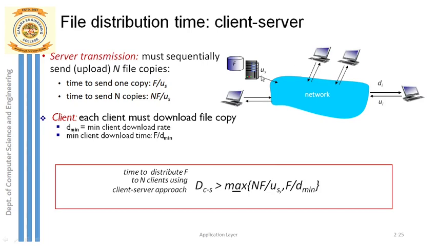If the uploading rate is higher and the downloading rate is lower, then your distribution time should be equal to the uploading rate. So it is the maximum of these two. Which is the maximum, uploading rate or downloading rate? If uploading is higher, then the uploading rate is the maximum one, so the distribution time should be equal to your uploading rate.